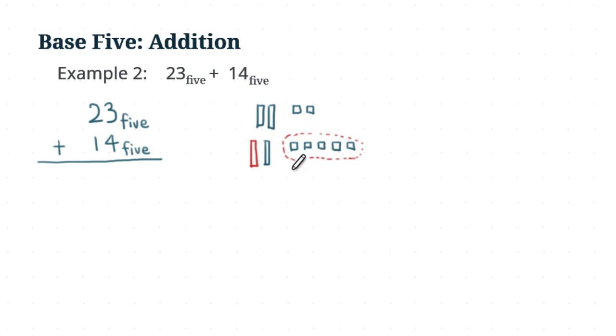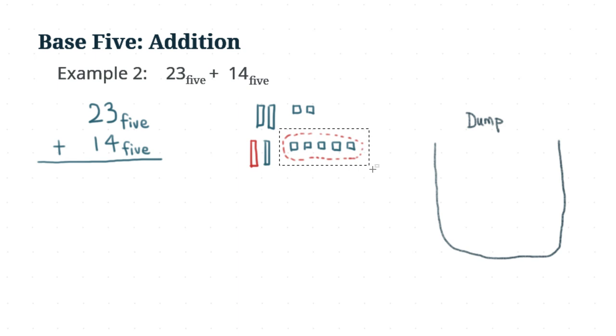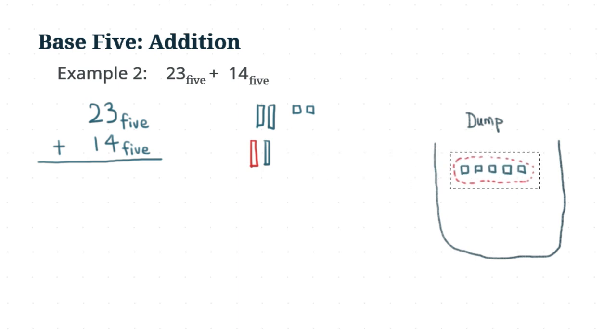And actually, to make it easier for us to keep track of the pieces that we have left, I'm going to just make a dump here, and then I'm going to just dump all these units that we don't need. So now they're gone. So now we have this many.